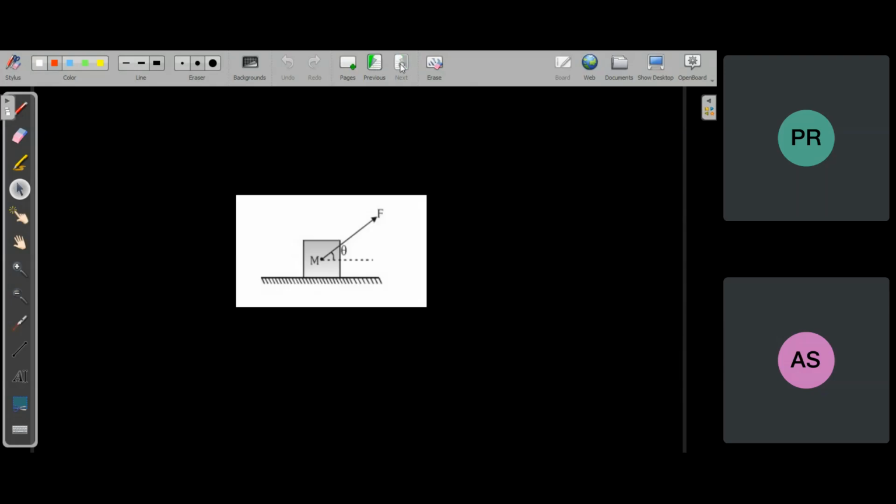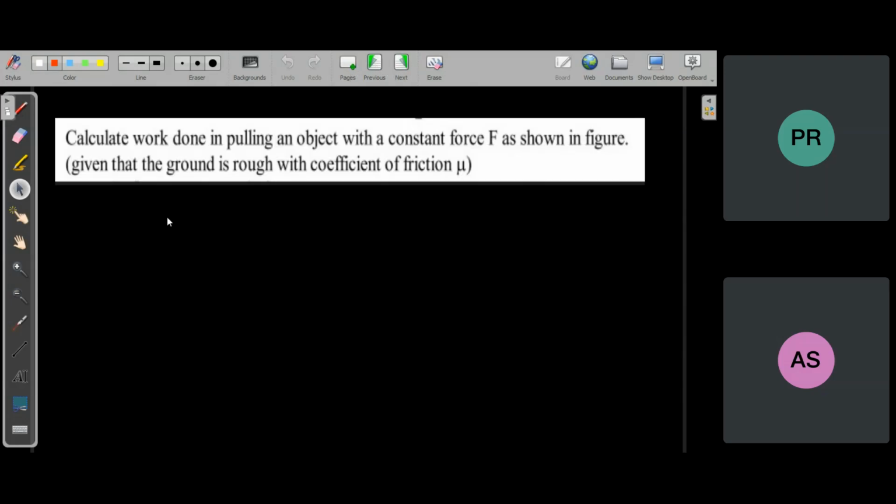So let's consider the displacement is L. Suppose F is not known. There should be options in the question, but all the options are in terms of mu only. Some other data should be given, I think. Yes, length should also be given. So leave it.